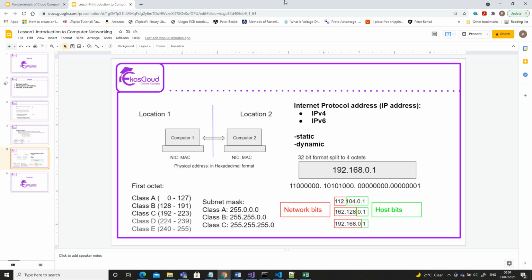Now when two computers are joined, the network can understand where each is located through the network bits and the host bits. It consists of two parts: one is the network bit, and another one is the host bit. What is the difference between these two? We'll discuss that later on in other lectures.